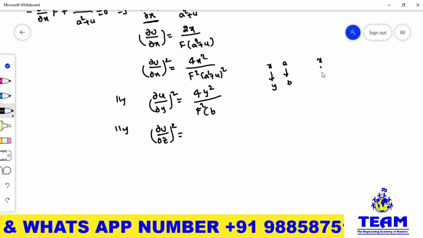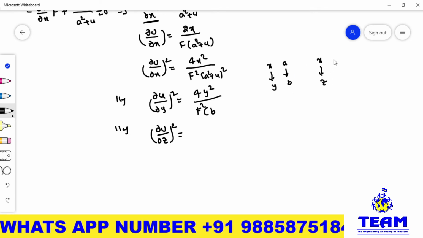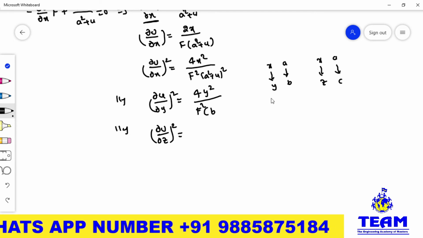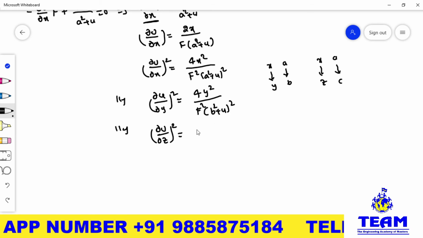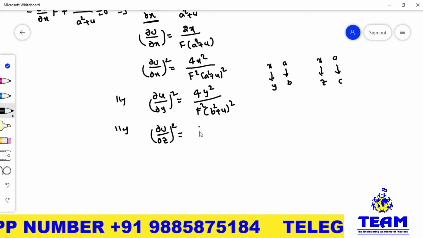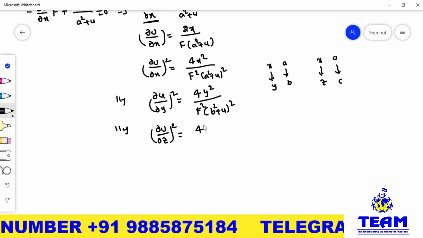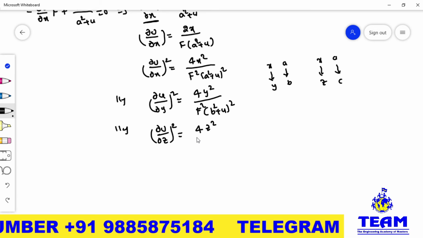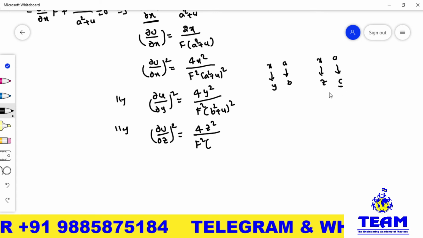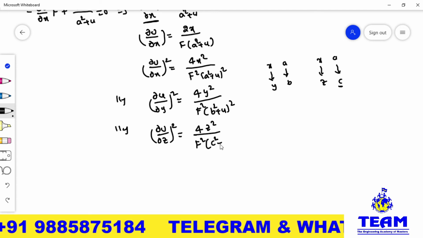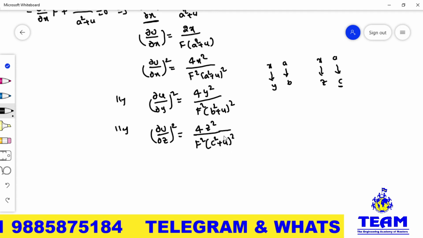If we replace x by z, then we have to replace a by c. Okay, you remember? Then dou u by dou z whole square is 4 times z square, divided by F square into (c square plus u) whole square. Now what do we have to do?